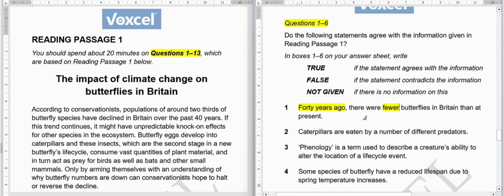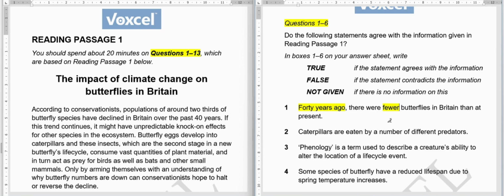But when will it be false? When the number of butterflies at present and in the past is the same, or the number is more in the past than at present. These two conditions will demand false. I'm going to repeat again, so it will help you to understand when we find the location.